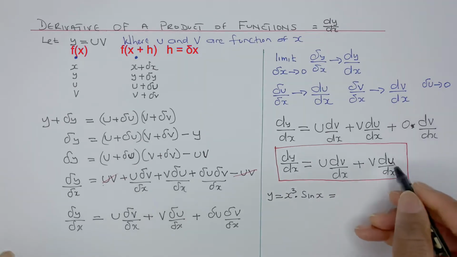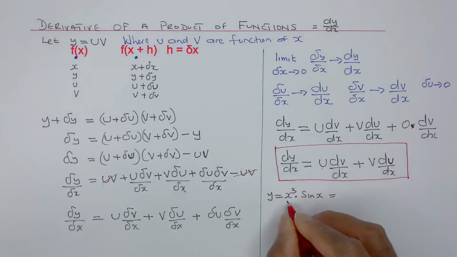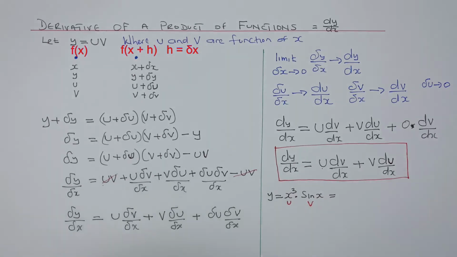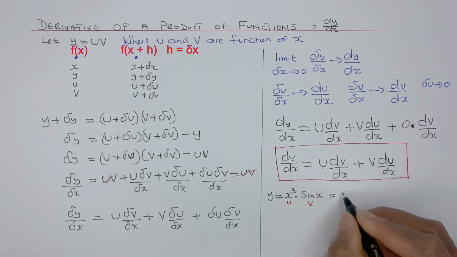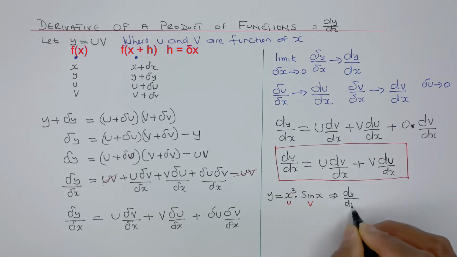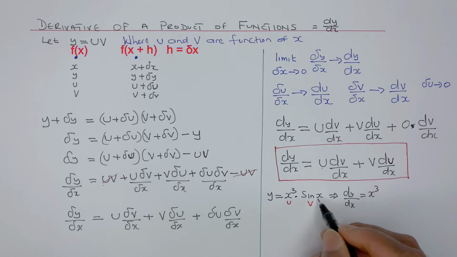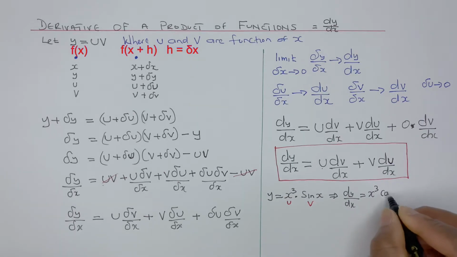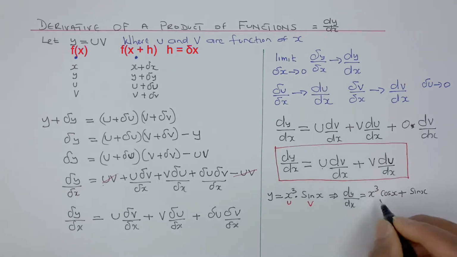We can say x cubed is u and sine x is v, and we just apply the formula. So dy/dx equals u, which is x cubed, times the derivative of v. If you differentiate sine x, you get cos x. So that will be times cos x. Now plus, because that's a plus here, v is sine x, so we put sine x there.